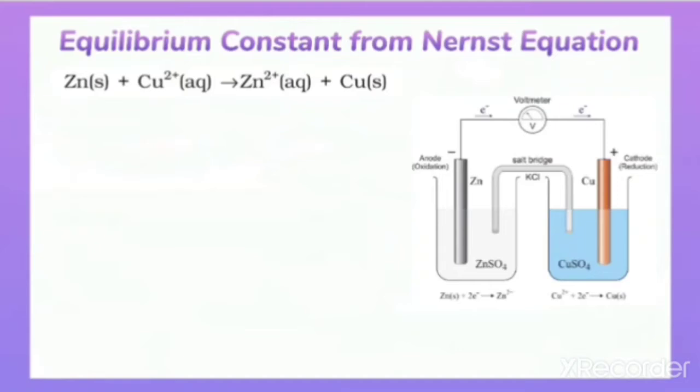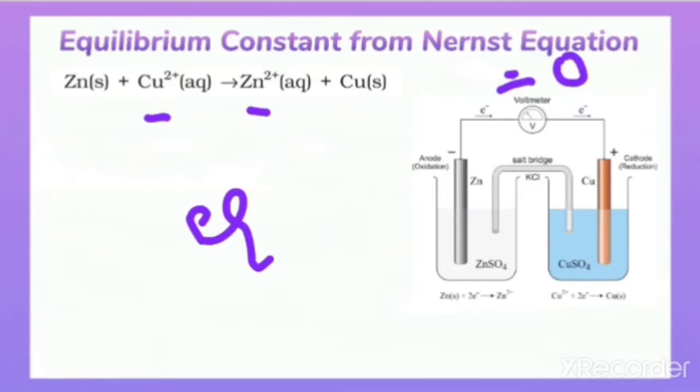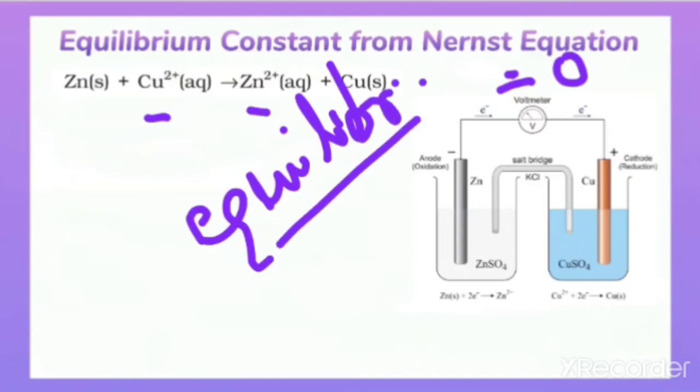That is why there is no change in the concentration of zinc ion or copper ion and the reading in the voltmeter is 0.